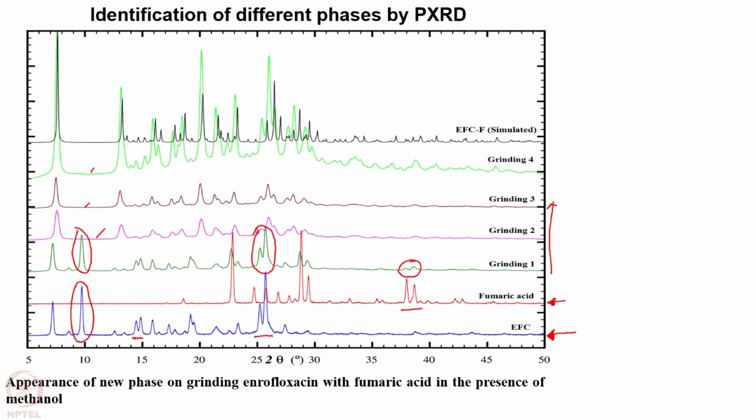See, these peaks were there, it was slightly there, it is still a little bit there, and then new peaks appear here. So this following up of a particular grinding and crystallization experiment is done using a powder diffraction method.